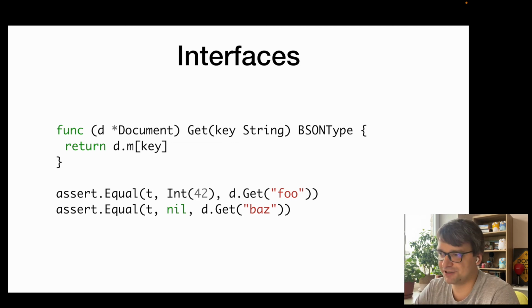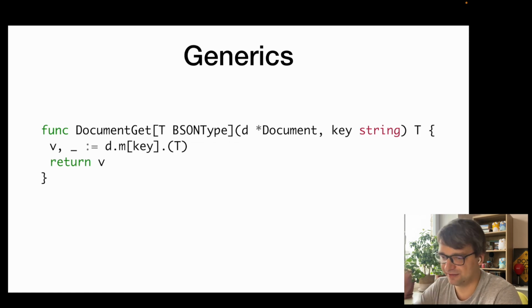So how does that look in generics? So let's write this function which returns a value. And here we say that, okay, the user should not only use a key, but also should know the type of the field, right? So we convert this return value to the given type.